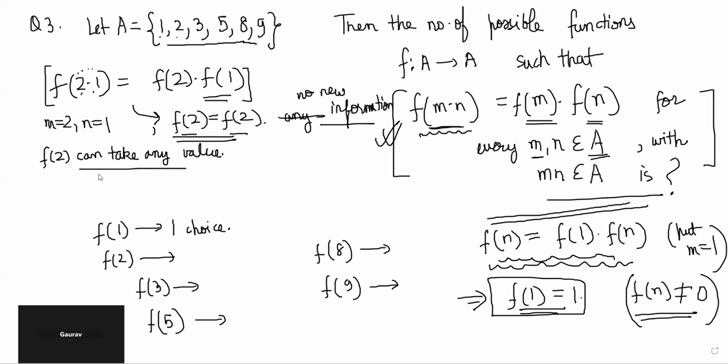There is no restriction on f of 2. There was a restriction on f of 1, which could take only one value. The number of choices for f of 2 is anything out of this set, so there will be 6 choices.